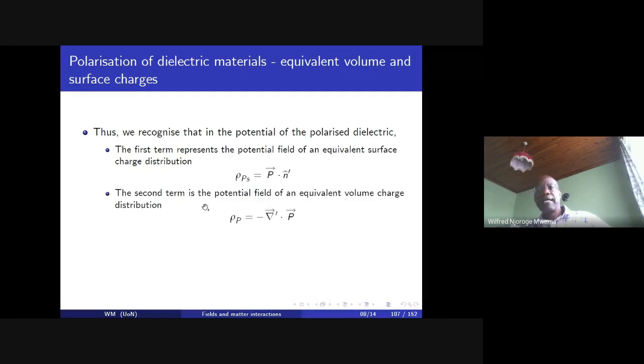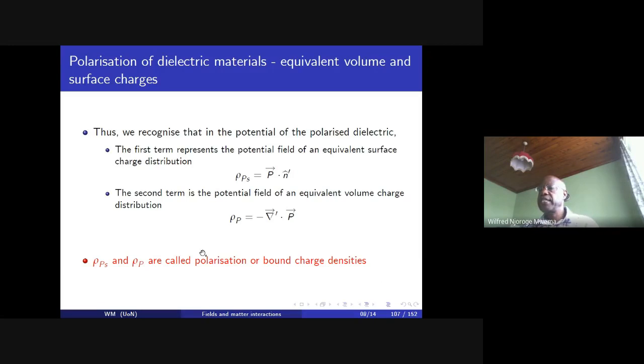The second term is the potential field of an equivalent volume charge distribution rho p, given by the minus of the divergence of the polarization. So rho ps and rho p are called polarization or bound charge densities.